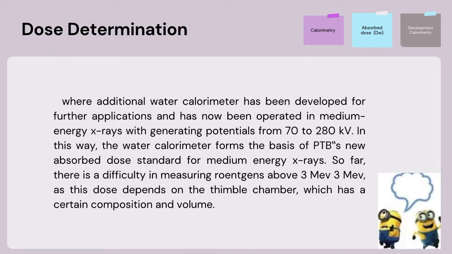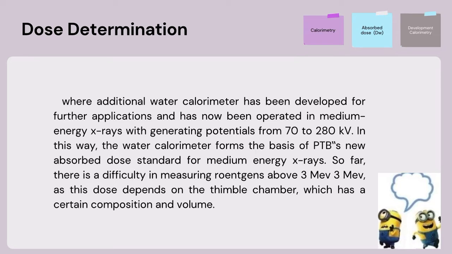Under reference conditions, a water calorimeter has been developed for this application and has now been operated in medium energy X-ray with energy potentials from 70 to 280 kiloelectron volt.